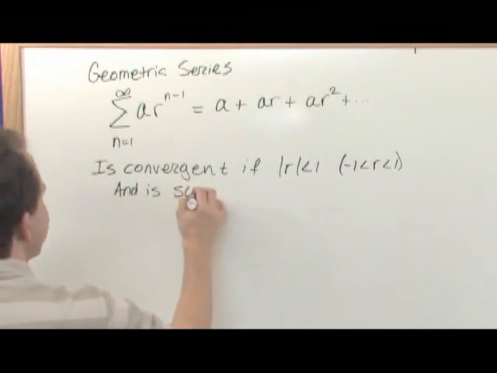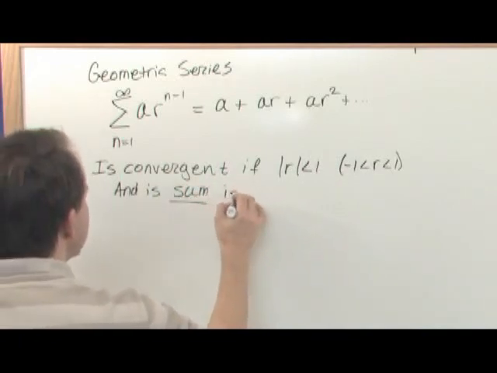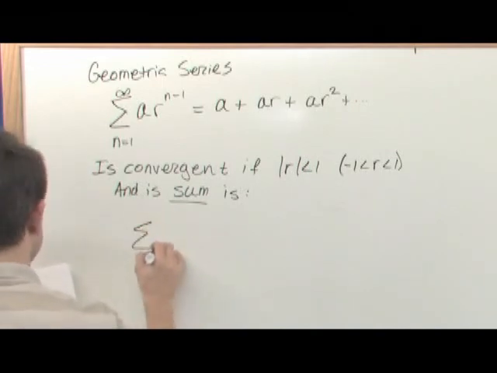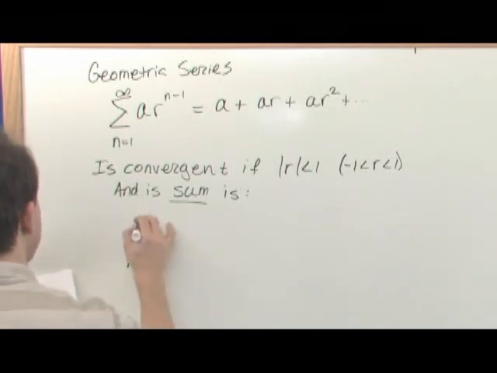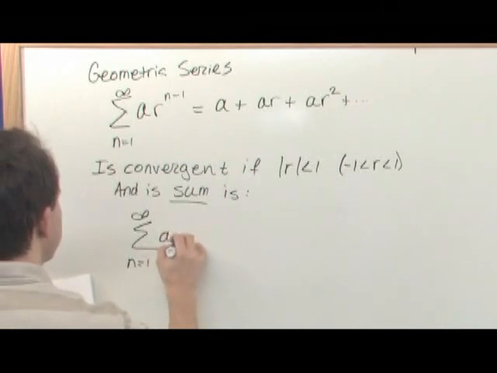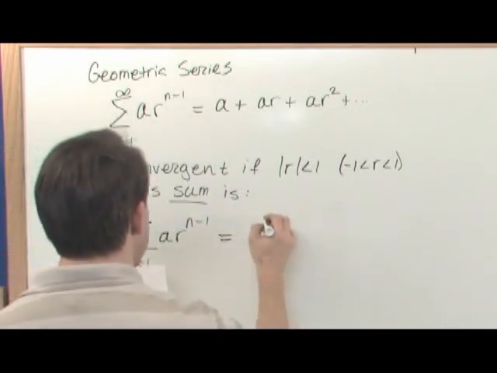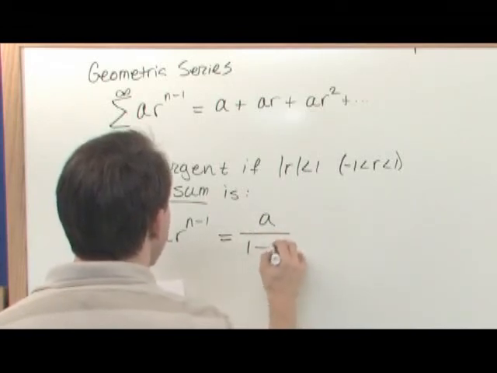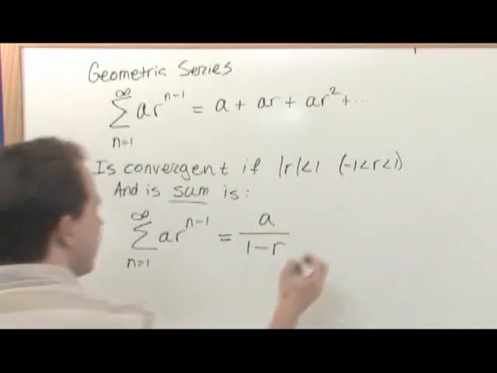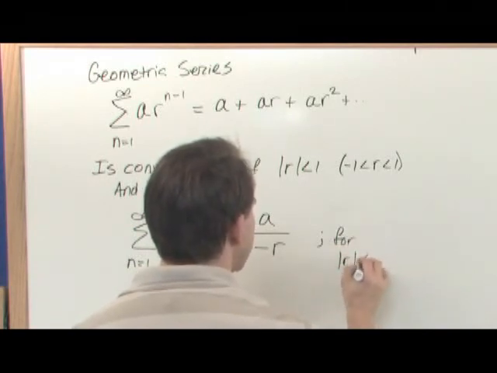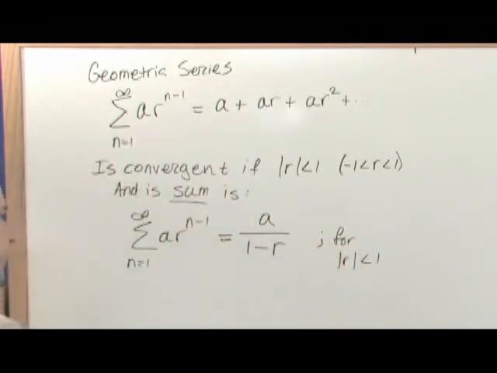so the actual thing that it adds up to, I'll write it like this: the sum from n equals 1 to infinity of a times r to the n minus 1. This is just the series, I'm writing it over again, is equal to a over 1 minus r. And obviously it's only valid for absolute value of r less than 1, which just means r is between -1 and +1.